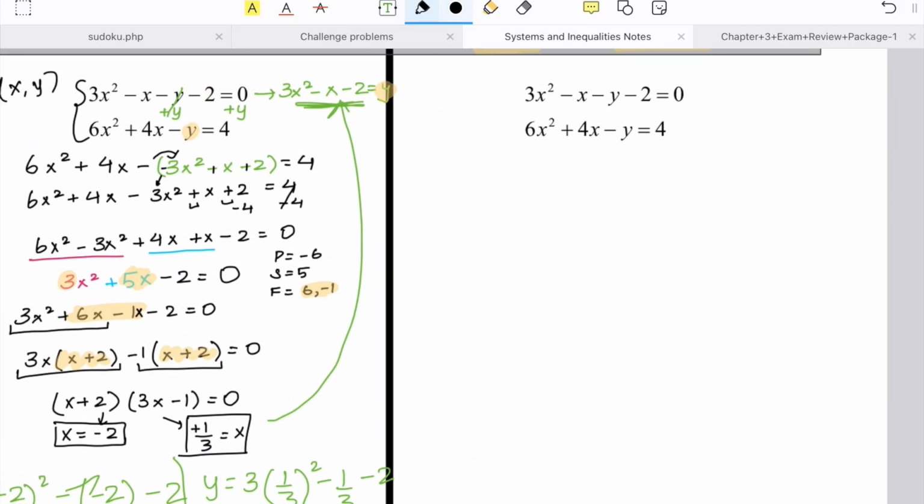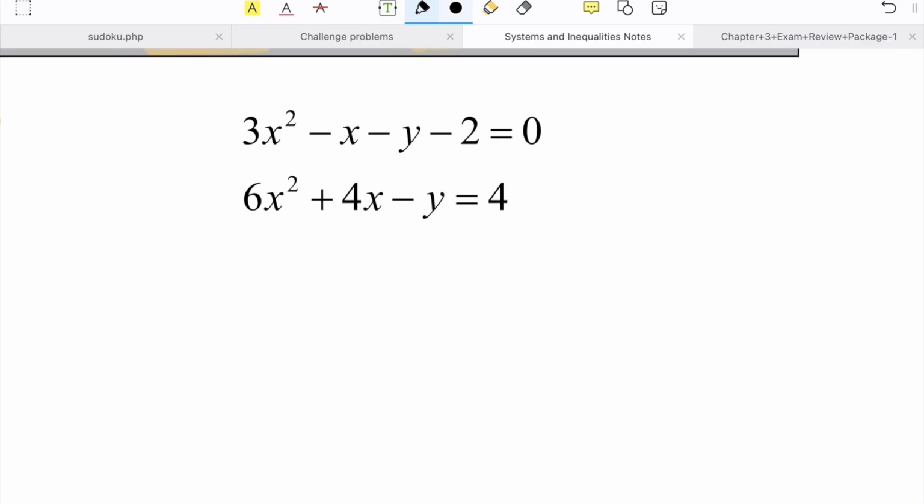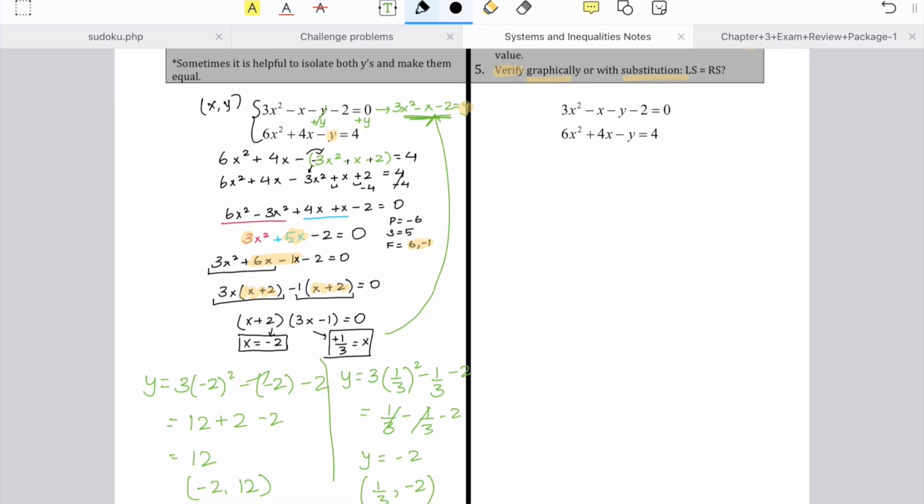Okay, now for elimination, you want to eliminate your y, right? So to eliminate your y, you'll have to just line it up. Since our signs are the same, I'm going to use subtraction. Same sign, subtraction. Same S for same S for subtraction. So I'm going to subtract my second equation from my first equation.